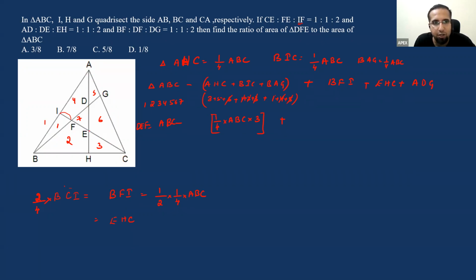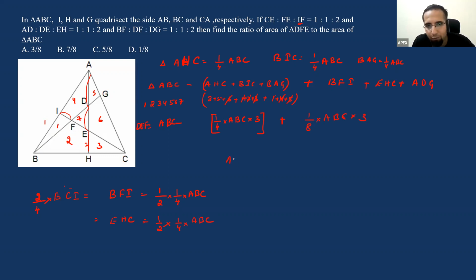Now EH is 2 parts, and this is 1 part and this is 1 part. So EHC will be again 1/2 of AHC. AHC is 1/4 of ABC. So eventually what do you have here, guys? You get 1/8 of ABC into 3.